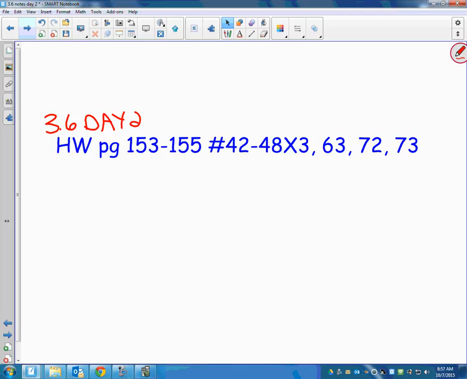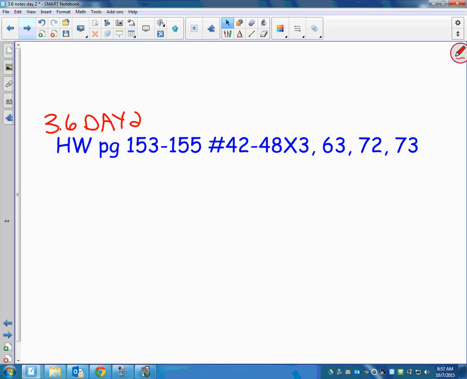Which means if you didn't get yesterday's finished, or if you have other questions about yesterday, go back and look at that. You're just doing 42 through 48 multiples of 3, and then a few others. 42, 45, and 48 are just like the 2 examples we did: find the equation of the line tangent to the curve.